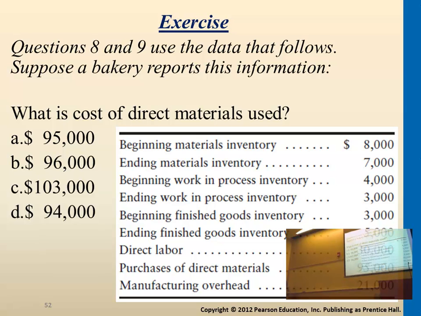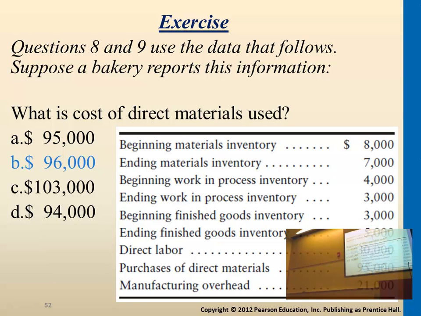Start from purchases of direct materials, plus beginning materials inventory, minus ending materials inventory. So purchases, we have $95,000, and beginning we have 8,000, and then we have minus ending materials, 7,000. Direct materials used.